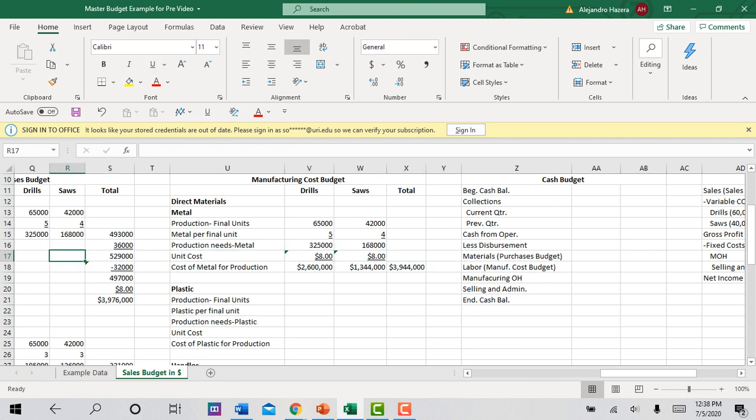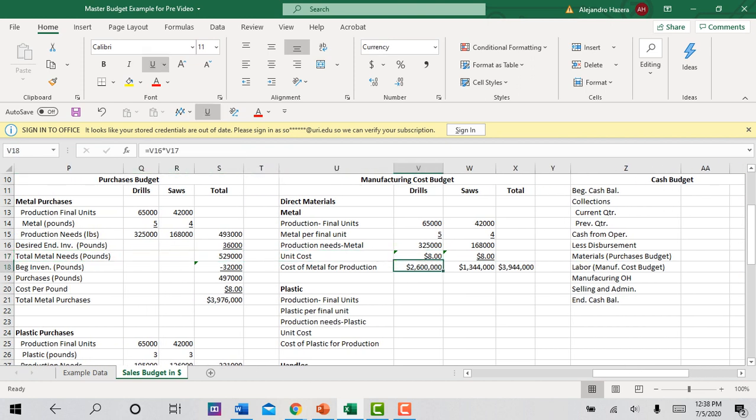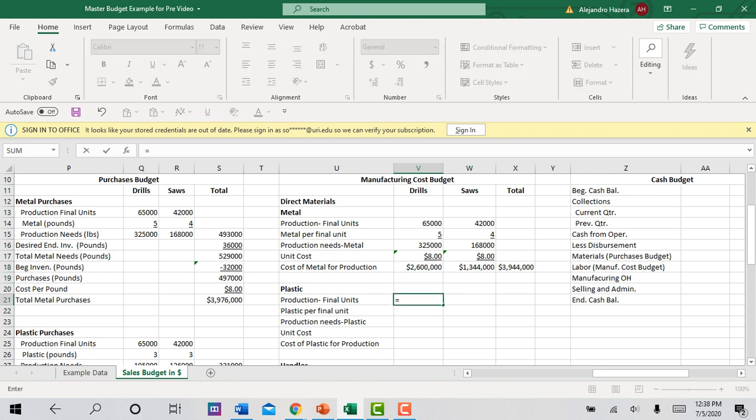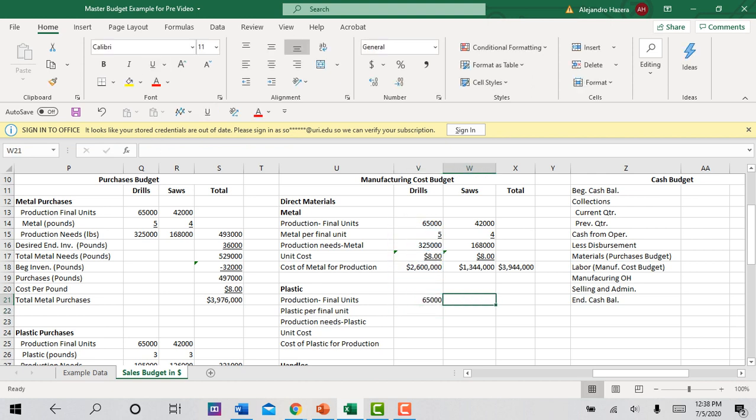Okay, now plastic, we're going to ask ourselves what is the cost of plastic that is going to go into production? Okay, and we're going to start with the exact same. By the way, they're also considering cost here. Anyway, so plastic is going to be final production. Again, we can just take the same numbers here.